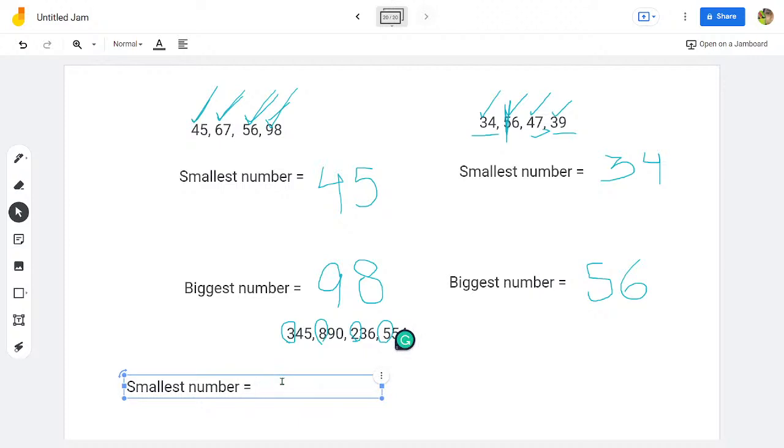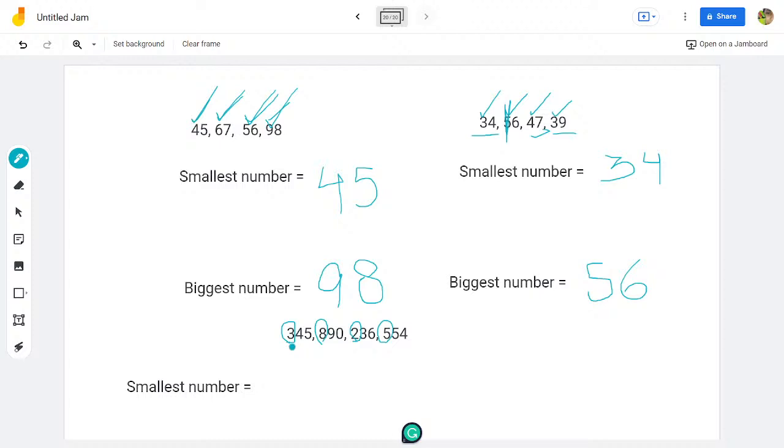We would look at the hundreds column of all the 4 numbers and then we would compare them. So 3, 8, 2 and 5 में से we have 3 over here, 8, 2 and 5.